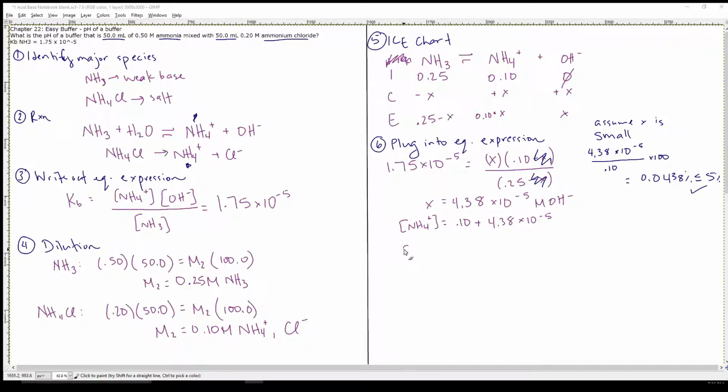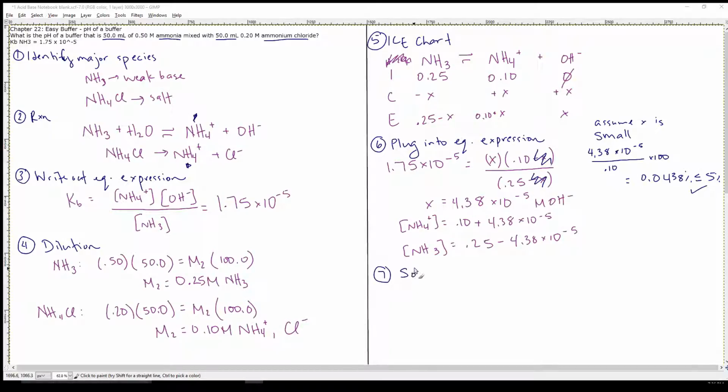And the concentration of my ammonia is going to be 0.25 minus x. I'm going to leave them like that for now so that the rounding is better later. But if you solved for those concentrations now, that would not be a problem.